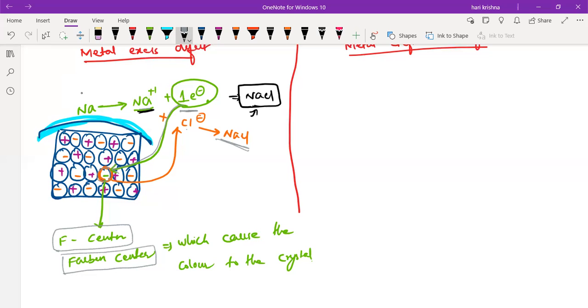Clear now? Now tell me, when you compare the Na+ ions and Cl- ions, which ions are more inside the crystal?